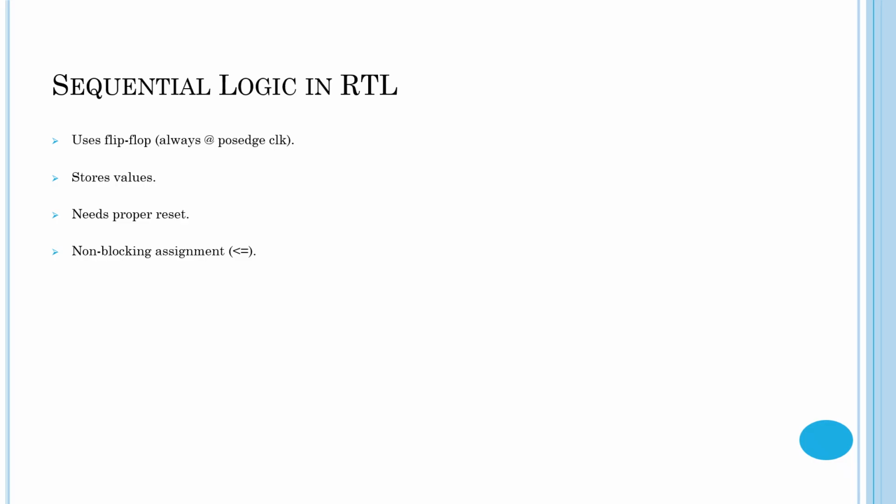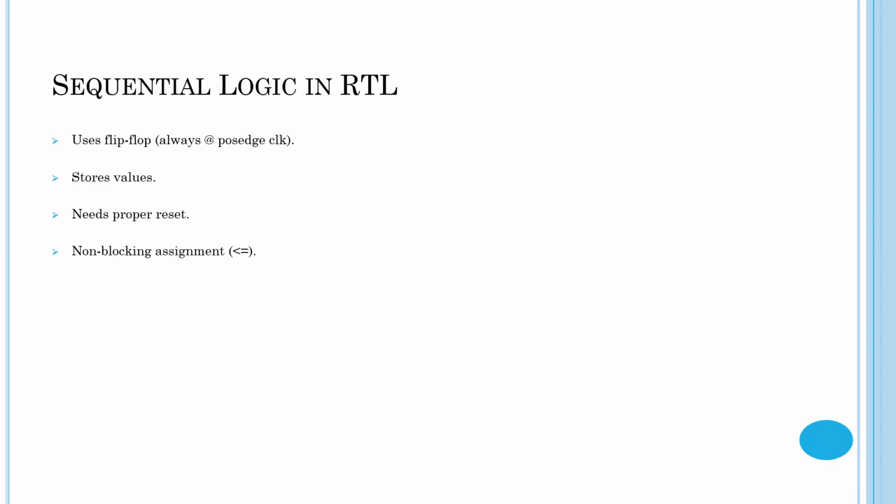Inside a sequential block, we use non-blocking assignments, which allow all the register updates to happen in parallel, just like real hardware. Using blocking assignments in sequential logic can cause simulation-synthesis mismatches or race conditions. So, non-blocking assignments are the standard for register-based design.